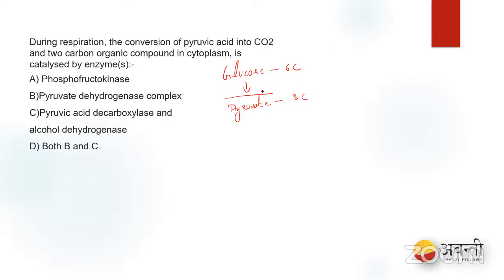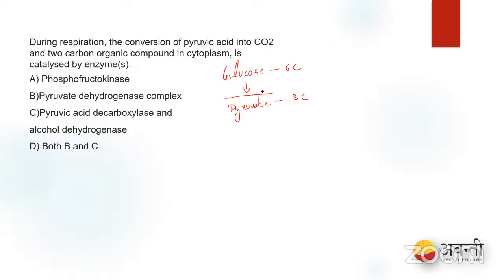Whenever the glucose is reduced to pyruvate, the carbon dioxide release takes place. Once the pyruvic acid formation takes place, it is a 3 carbon atom compound, and it has to be reduced again to produce ATP energy by oxidative phosphorylation, or through lactic acid fermentation or alcohol fermentation.